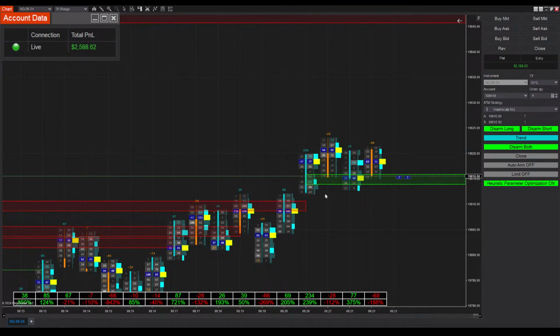Sadly, ended up losing that trade back down to 25.88. Switching back into regression because we actually just got more chop right above this green zone. We should stay above it though.